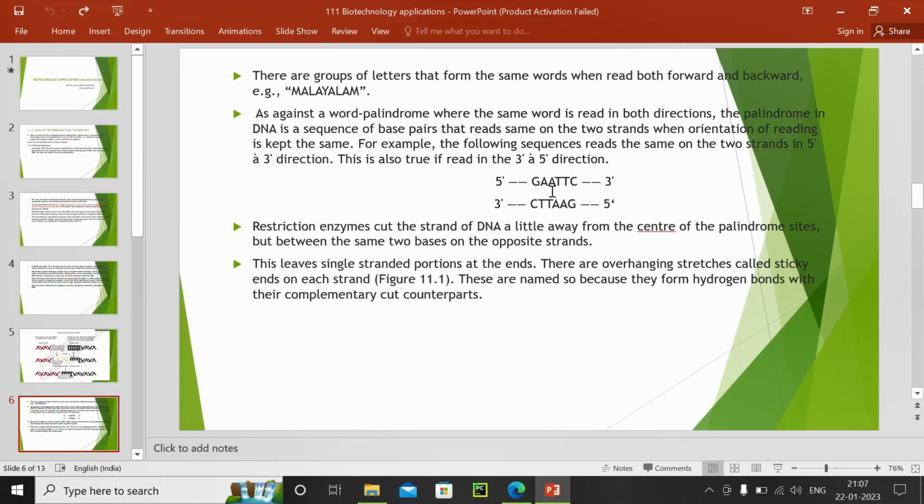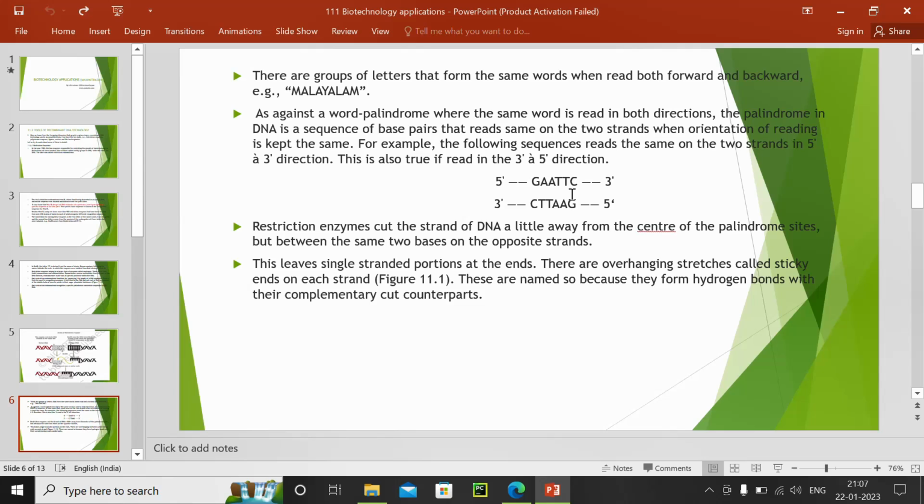A and T again form two bonds with each other and get linked. This T forms two bonds with this A, T again with A, and G again with C, or C again with G, with three hydrogen bonds.